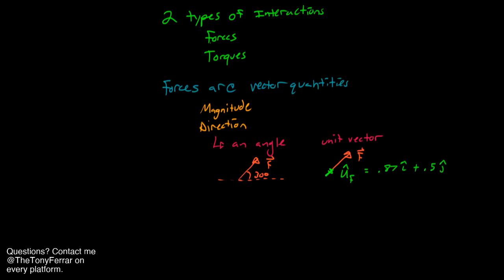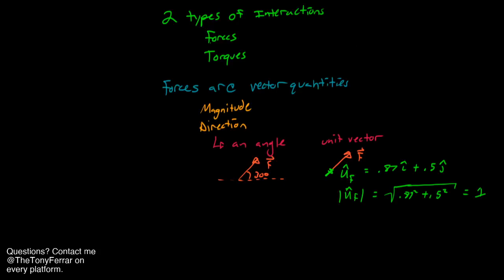These are the same vector, and we can describe their directions in two different ways, either 30 degrees or using this unit vector. And if we took the magnitude of u hat F by doing the sum of the squares, right, we do 0.87 squared plus 0.5 squared, square root that, we would get 1, or at least close to 1 within rounding errors.